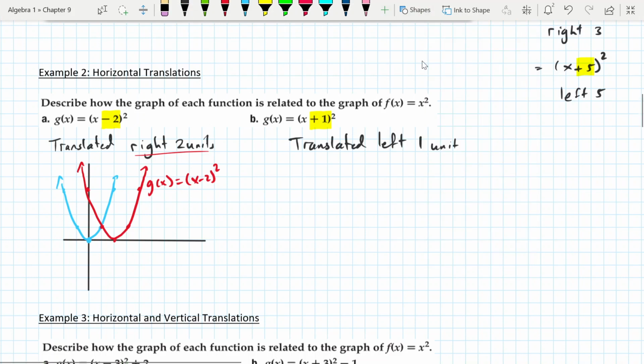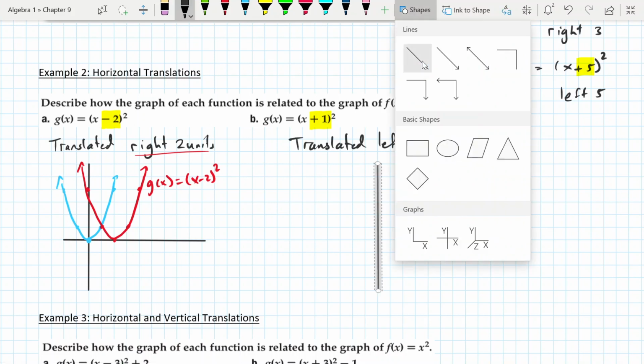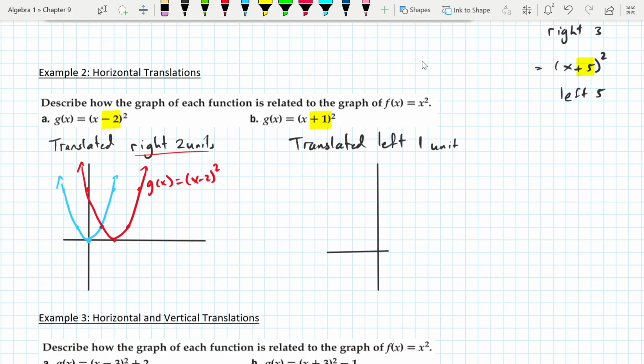So I grab some axes here. And now I can think instead of 0, 0, I want negative 1, 0. Instead of 1, 1, I want 0, 1. And 1, 4. So everything is just moved to the left 1. And that's my graph.